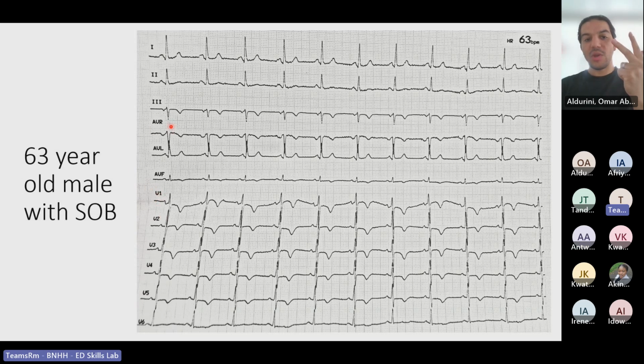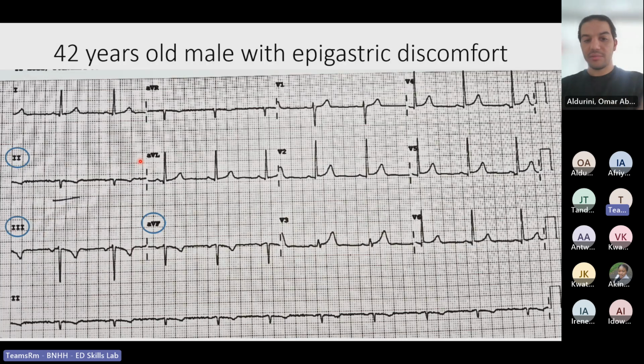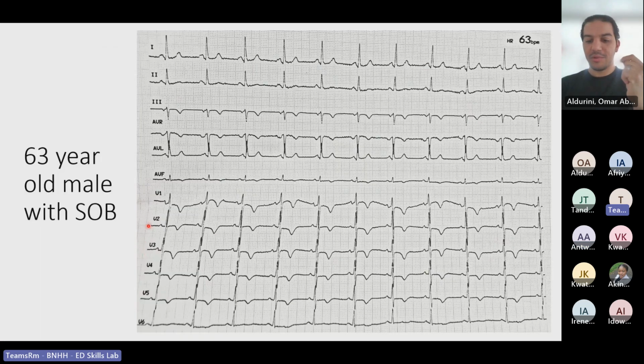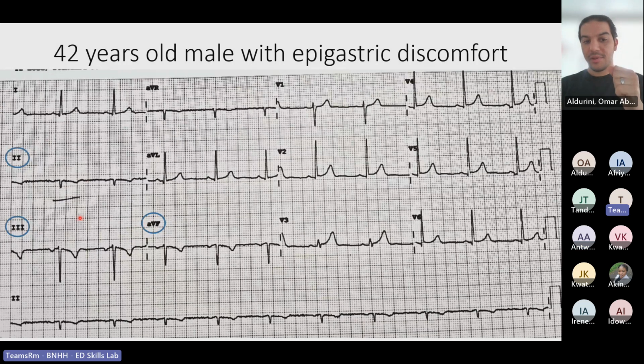If the T wave is inverted in these leads, then this is normal. But if the T wave is inverted in lead 3 and lead 2 and AVF, like this ECG, then this is not normal, because it involves more than 1 lead.